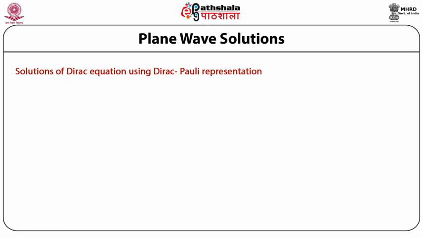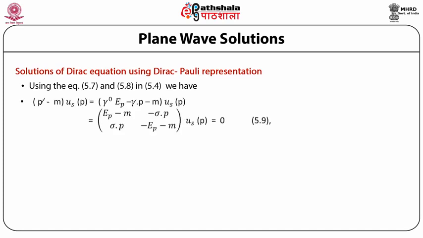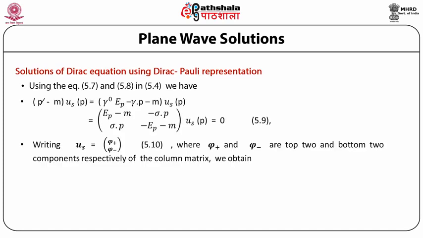Using these equations, we can simplify the equations, and if we write u_s equal to (φ+, φ−), where φ+ are the top two and φ− are the bottom two components, then we can separate φ+ and φ− and solve one in terms of the other.